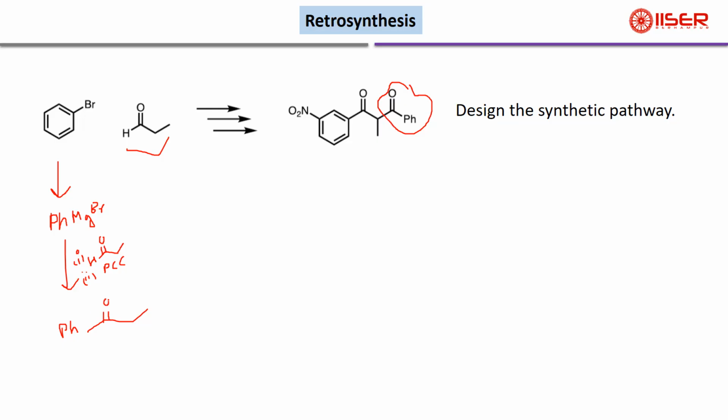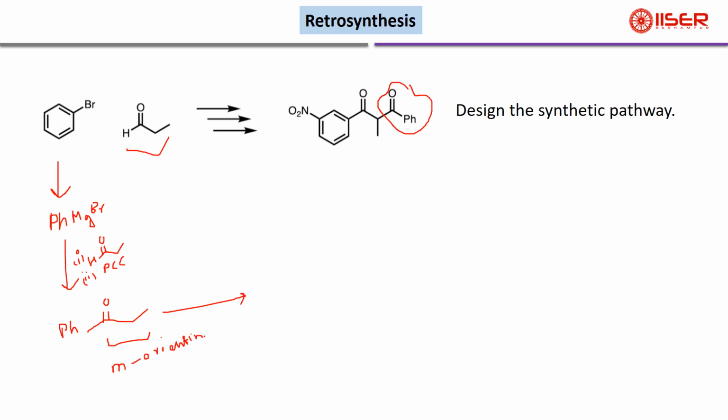Now there is a NO2 at this meta position. Now if you perform a nitration reaction, as this carbonyl group is electron withdrawing, it is a meta directing group. So in presence of this carbonyl compound, the incoming NO2 will enter the meta position.